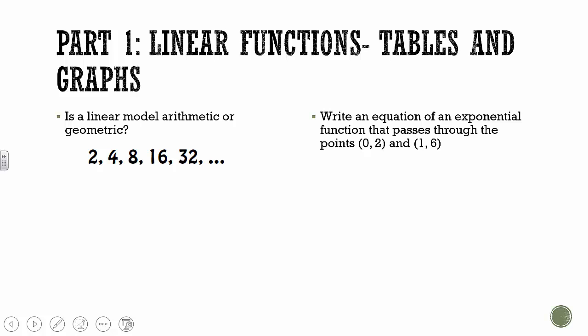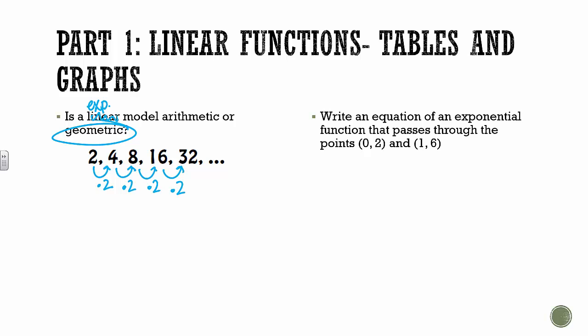So is an exponential model arithmetic or geometric? So remember, if it's arithmetic, we're going to add the same thing every time. And we can quickly see that we don't add the same thing every time. So it has to be geometric. And instead of adding the same thing every time, we're going to multiply by the same thing every time.